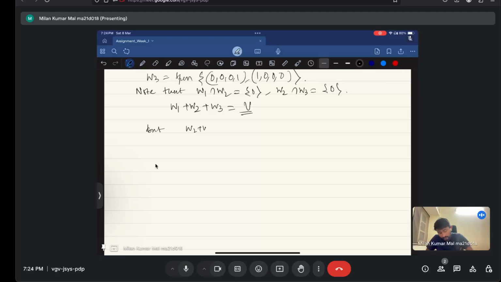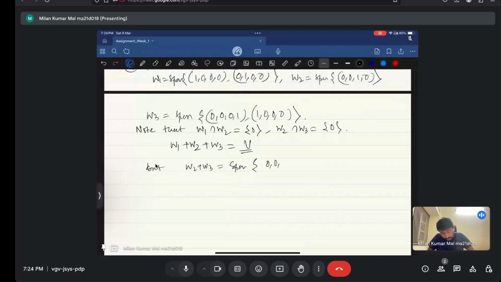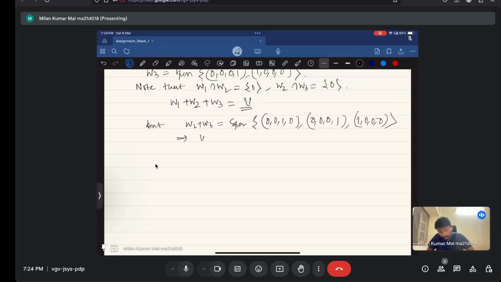But W2 plus W3 will be the span of 0 comma 0 comma 1 comma 0, 0 comma 0 comma 0 comma 1, 1 comma 0 comma 0. So therefore W1 intersection W2 plus W3 is not 0.